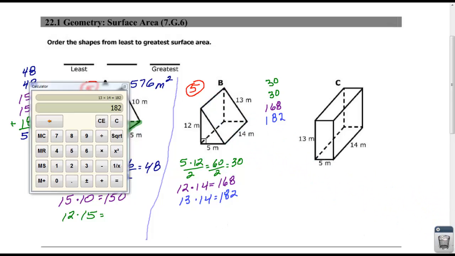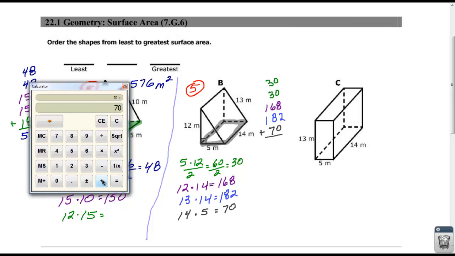And the last face we have is the bottom. Let me pick a good bottom figure color for my highlighter. The bottom is right here, and so the bottom is 14 by 5. So the bottom is 14 times 5, and 14 times 5 is 70. And that is the fifth value.